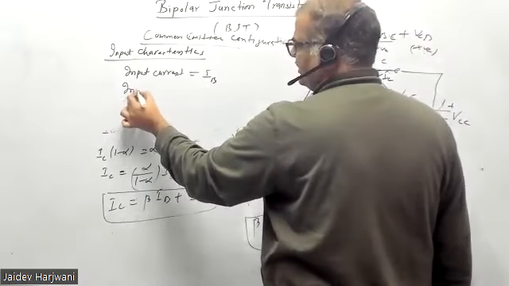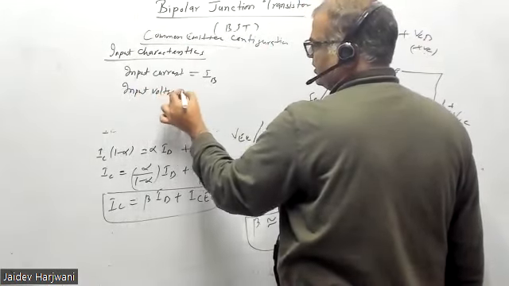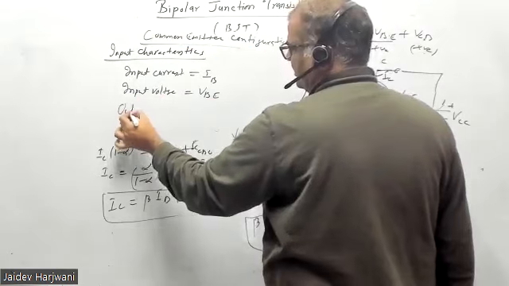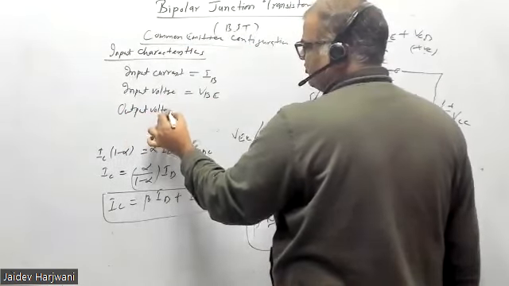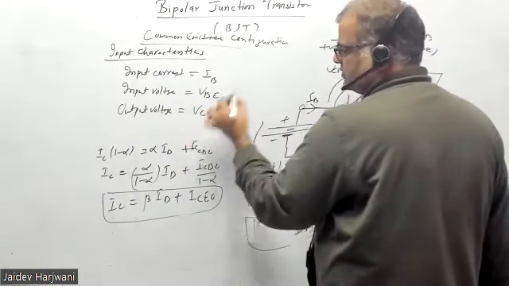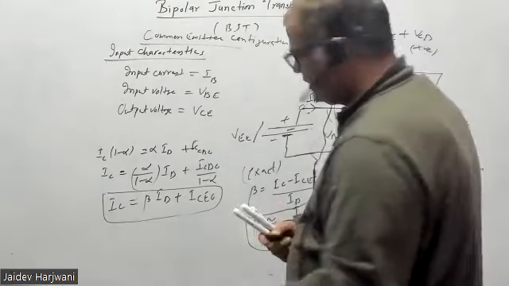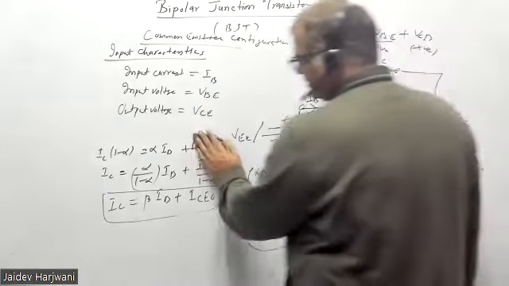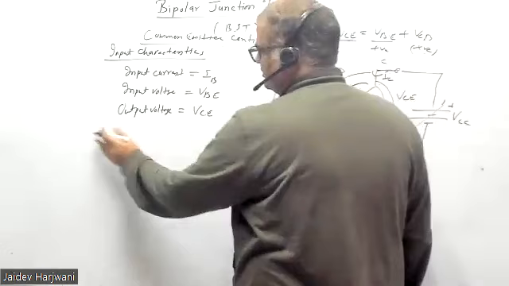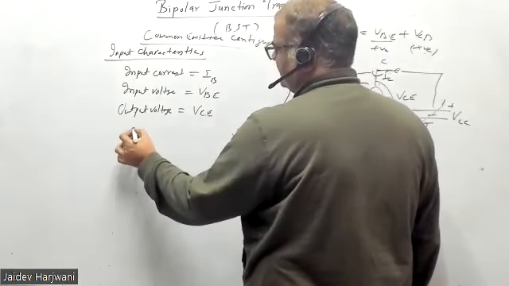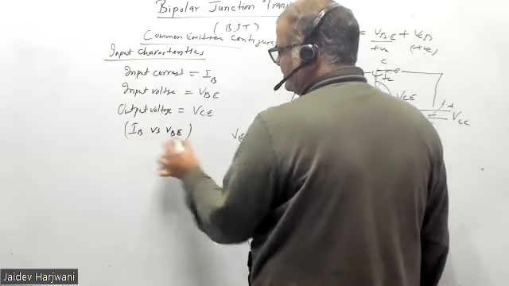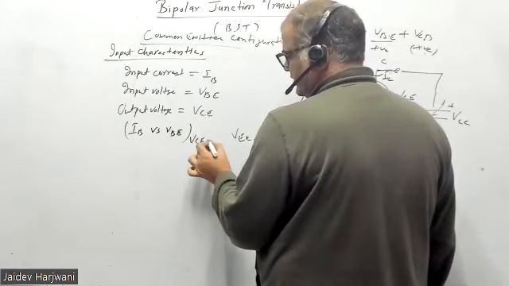Input voltage is VB, and the output voltage is VCE. Okay. Now let us discuss the graph. The input characteristic means the IB versus VB graph, keeping VCE constant.